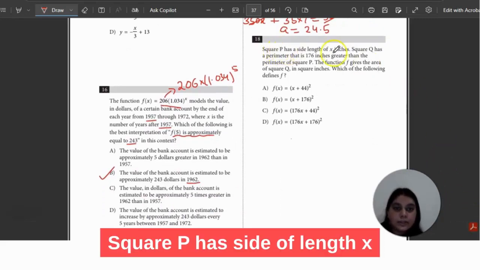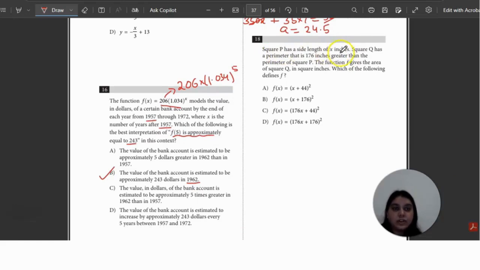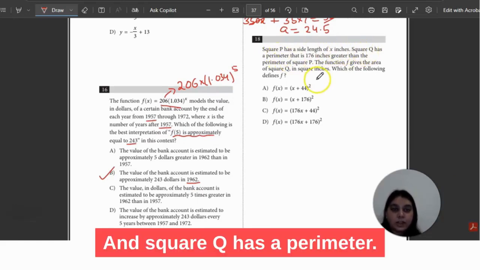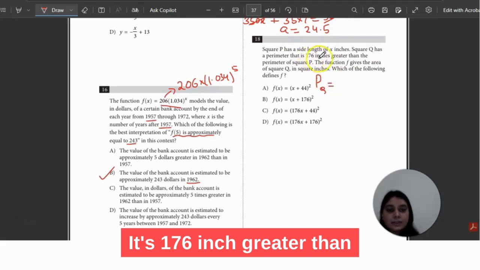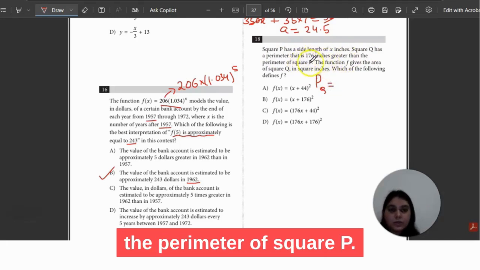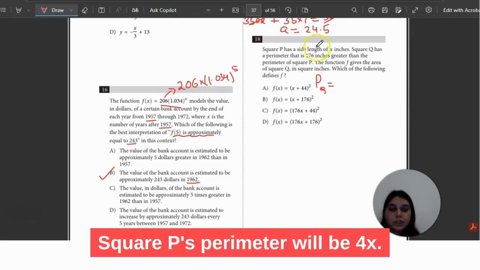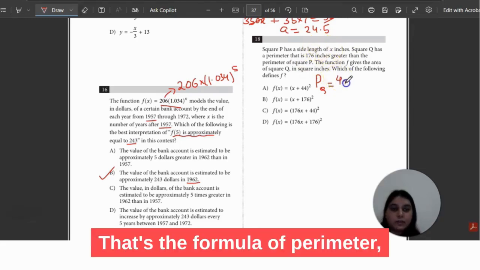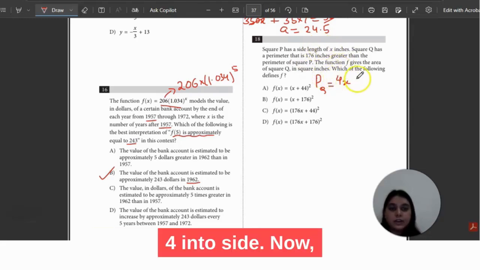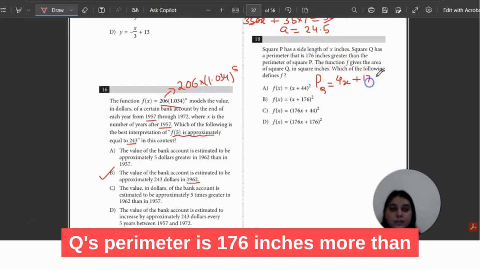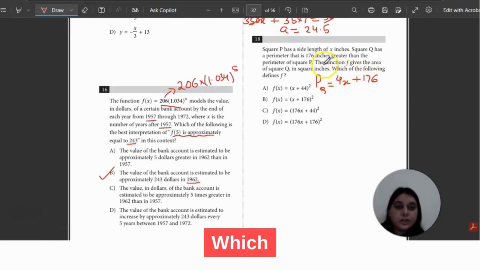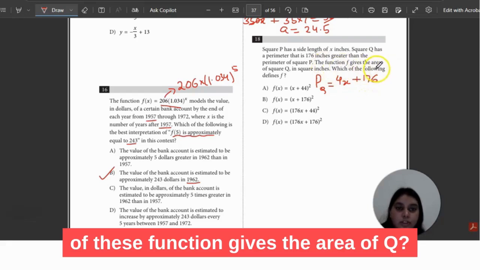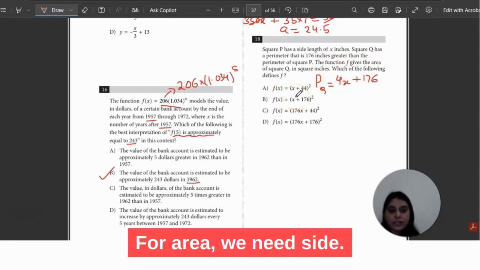Square P has side of length x inches. And square Q has a perimeter that is 176 inches greater than the perimeter of square P. Square P's perimeter will be 4x. That's the formula of perimeter, 4 into side. Now Q's perimeter is 176 inches more than this, so 4x plus 176. Which of these functions gives the area of Q? For area we need side.